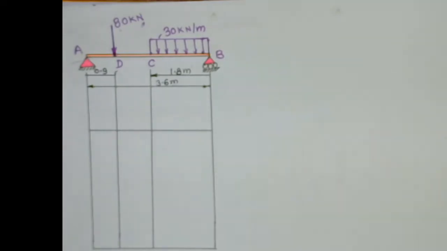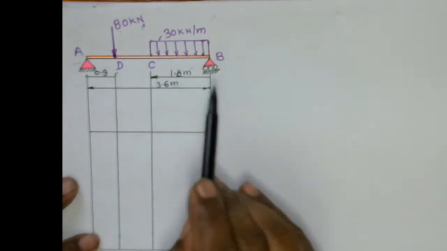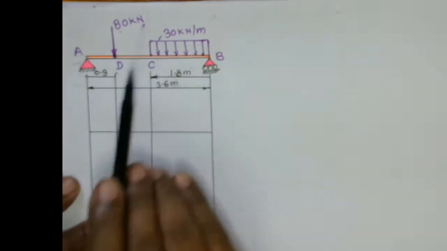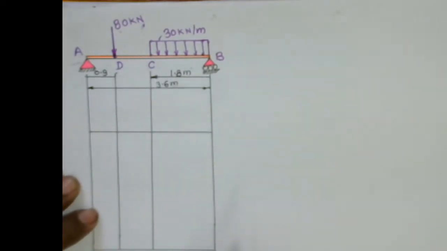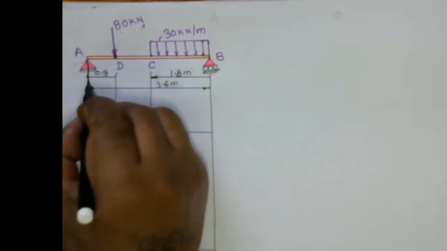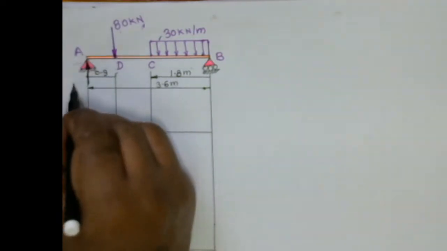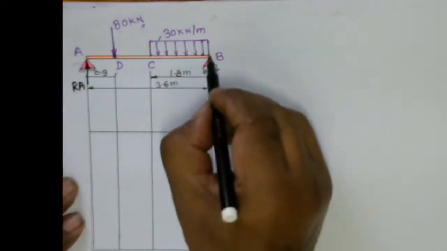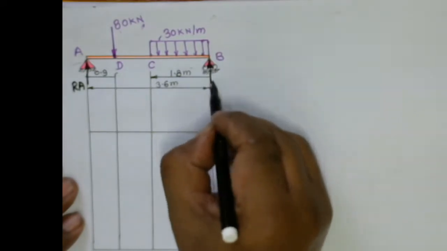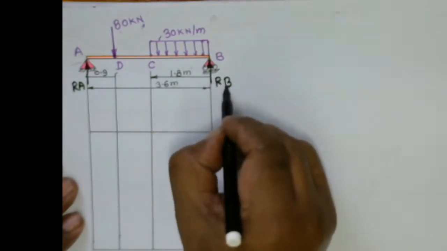In this numerical, span AB has a UDL of 30 kilonewton per meter acting and a point load of 80 kilonewton. First we will calculate its reactions RA and RB.